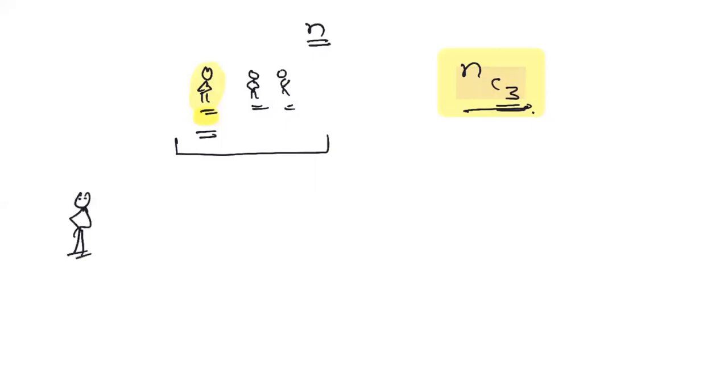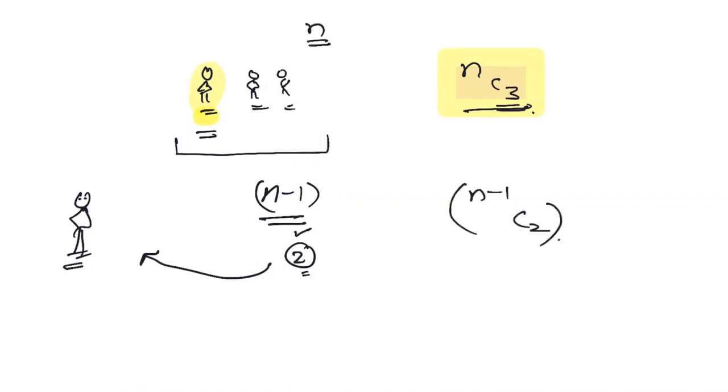So now the number of remaining children will be n minus 1, and out of these, 2 students will go with him. So 2 more members we have to choose from n minus 1, to accompany him to the zoo. So the total number of times a particular child goes is n-1C2, right?